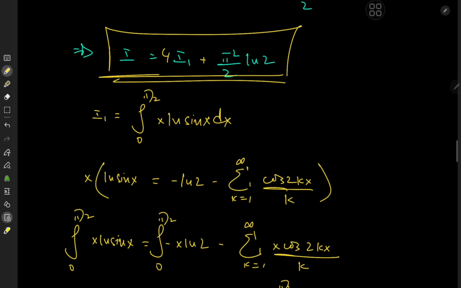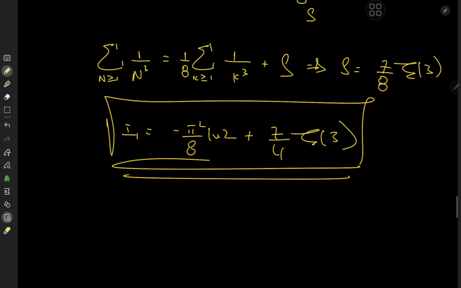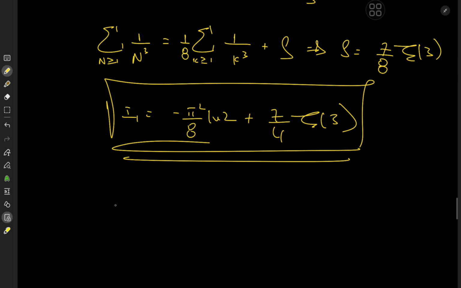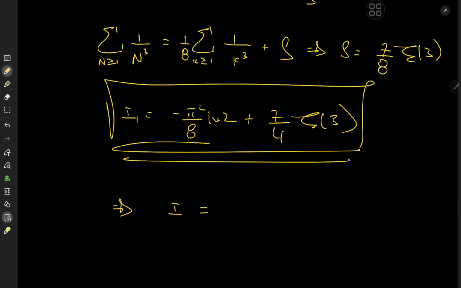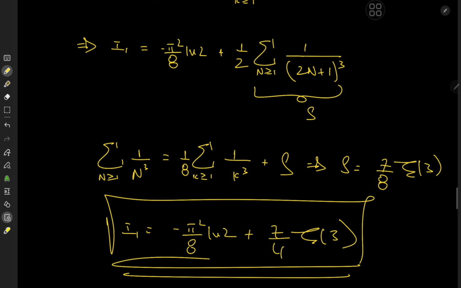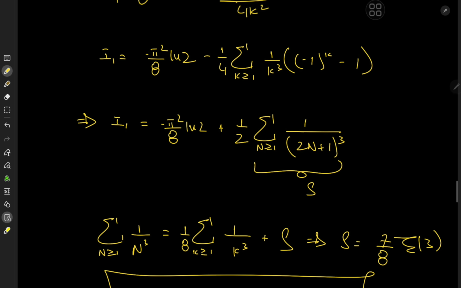So multiplying I sub 1 by 4, you would have negative pi squared over 2 times log 2, and you have the positive version of that earlier. So this implies that I here is just exactly that. Something's wrong again. Something's wrong, I can feel it.